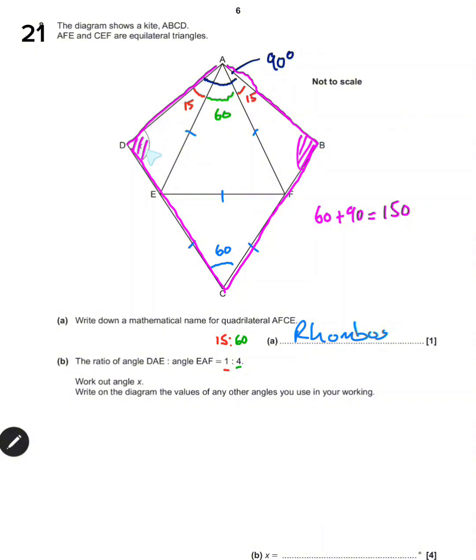And because this is a 4-sided shape, they all add up to 360. So I'm going to do 360, take away this 150, which is 210. And then because there's 2 of these angles and they're both the same, I'm going to do 210 divided by 2, and that is 105.